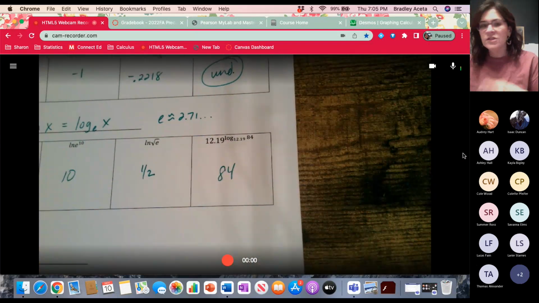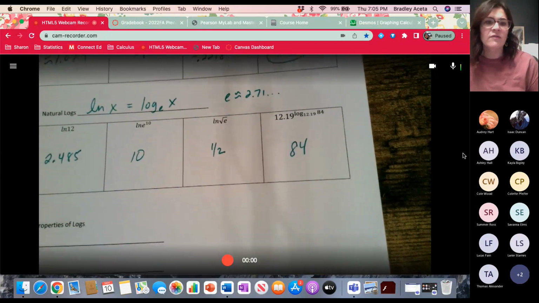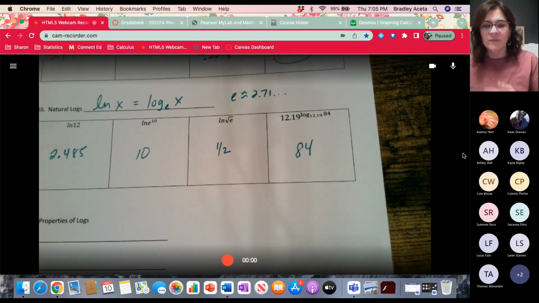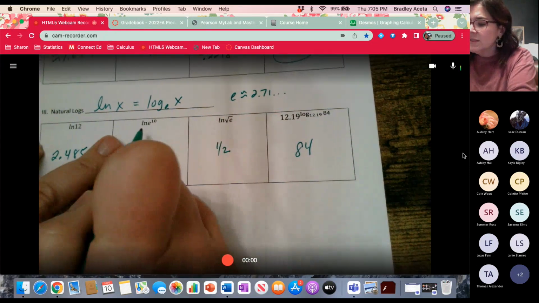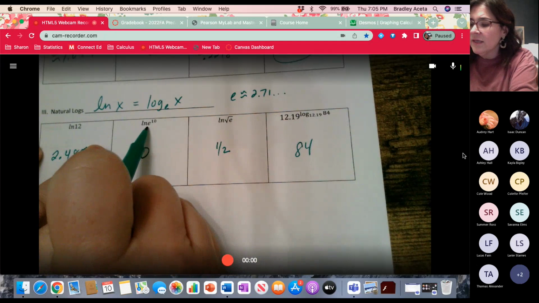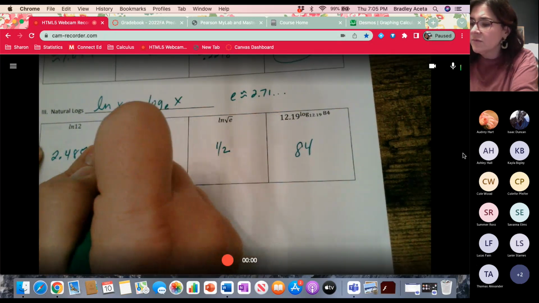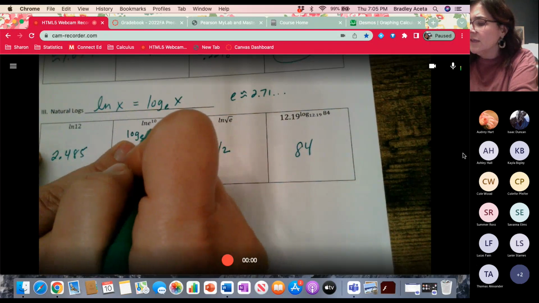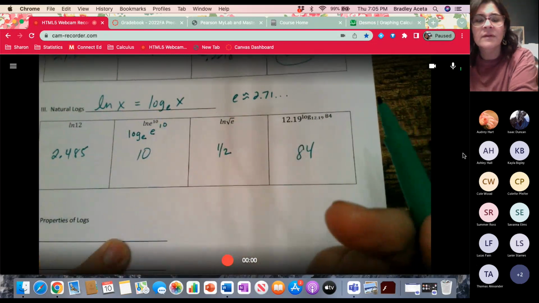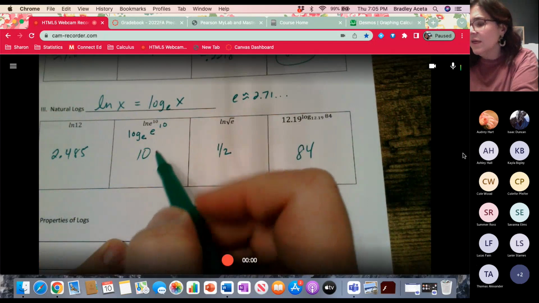So what you've just done in the calculator are a few properties that we're about to find out about logs. So this is, again, ln of e to the 10, which ln is really log base e of e to the 10. And notice what happened to my answer.